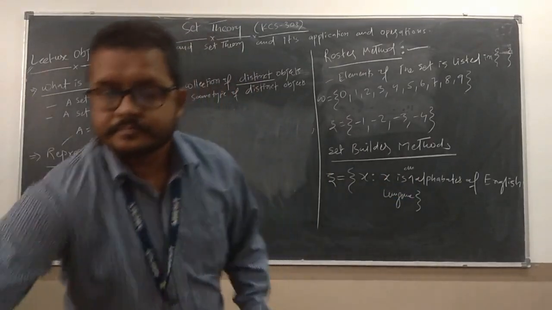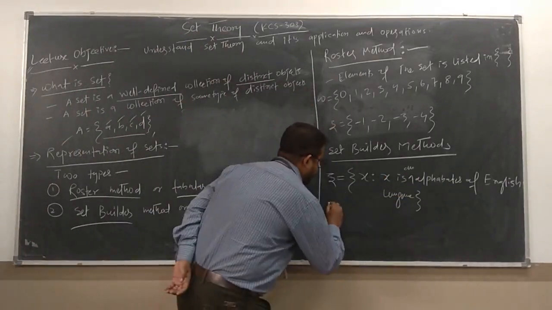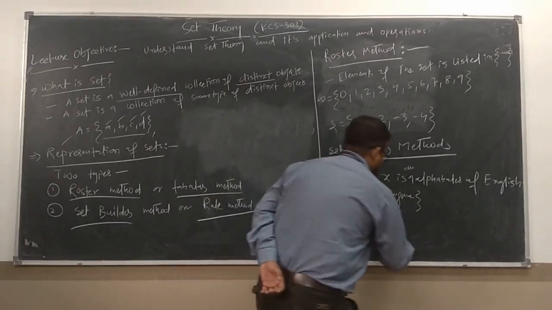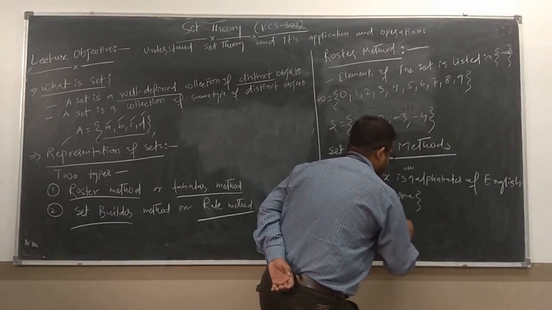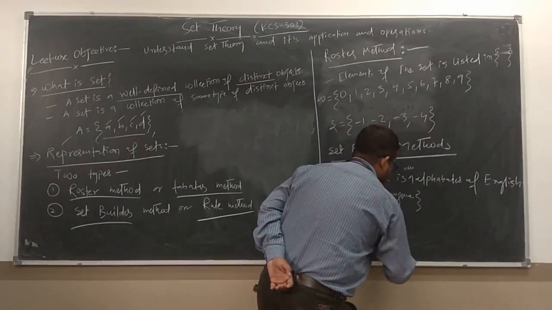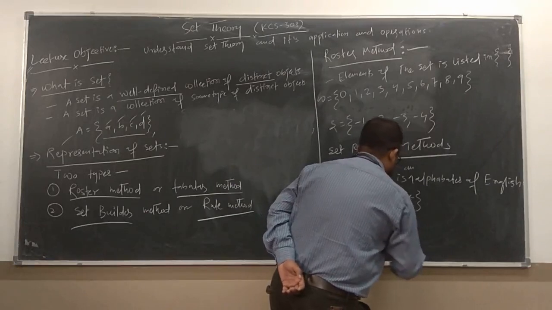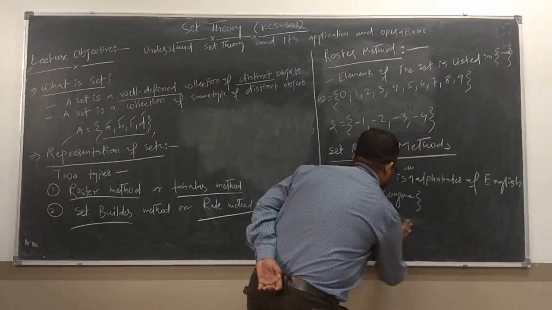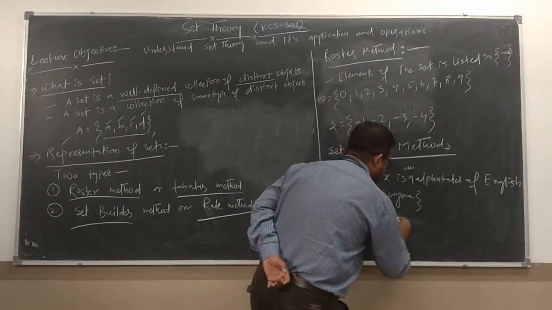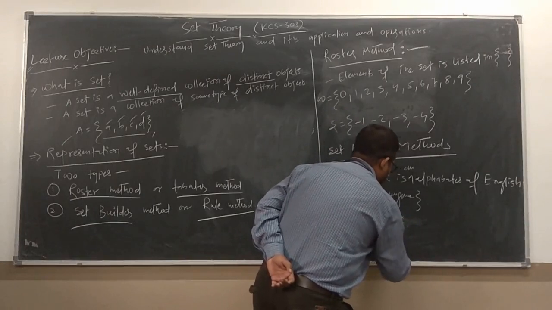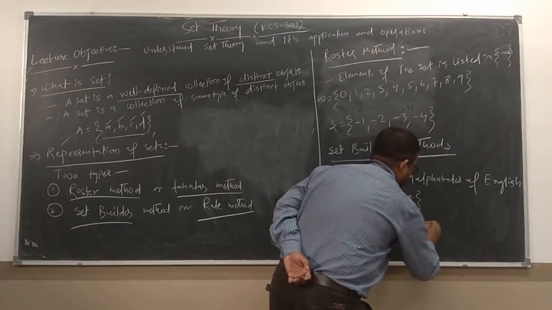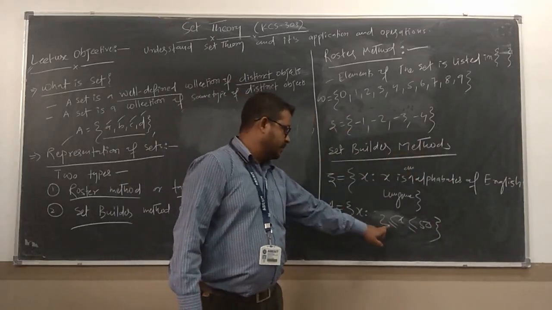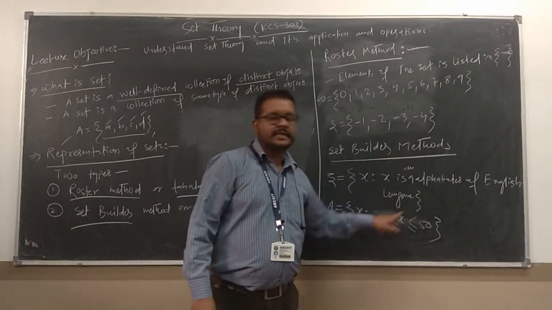Similarly, if we say A is a set of x such that x is greater than 2 and less than 50, then all elements of set A will be greater than 2 and less than 50.